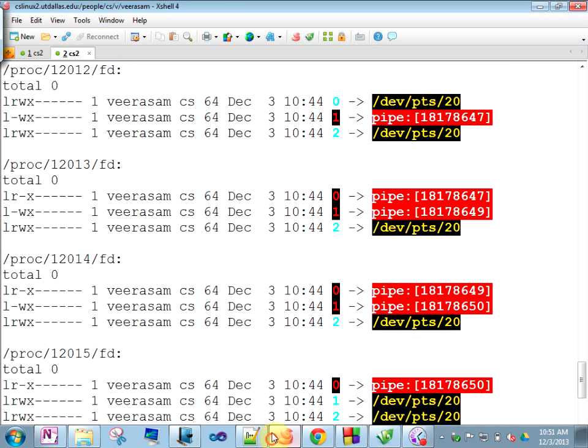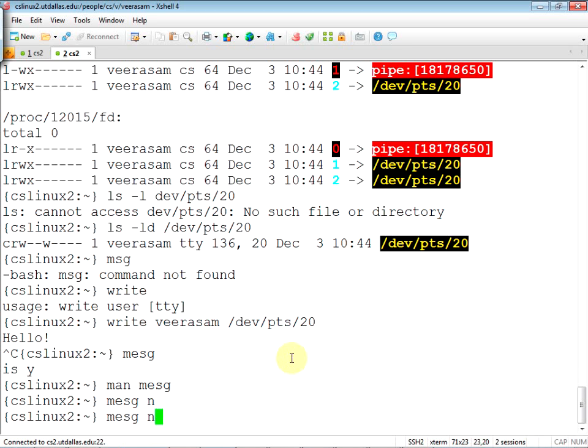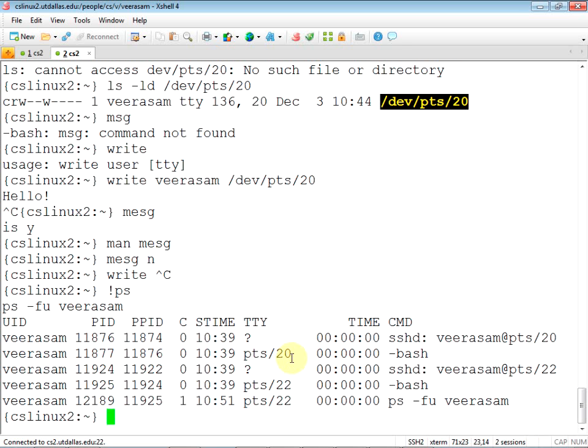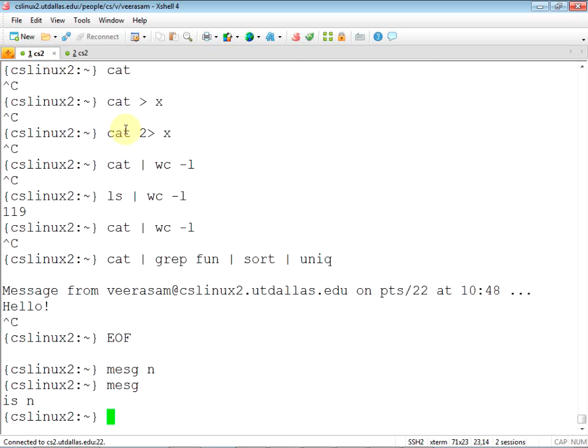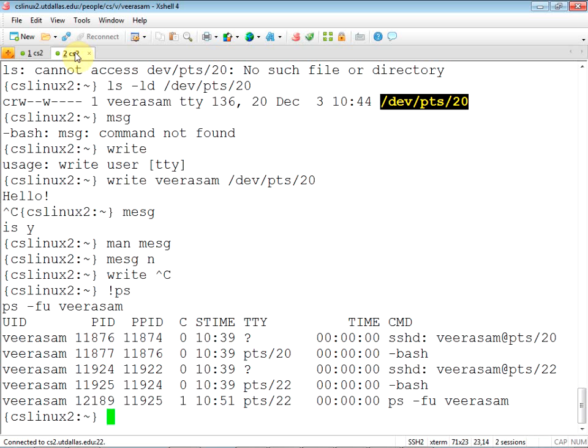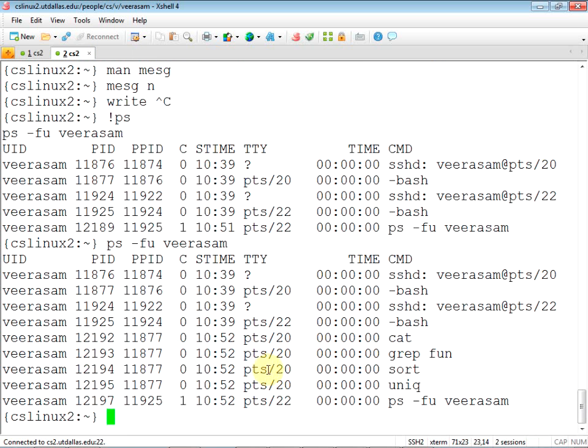Everybody is a child of this shell, right? You have to kind of understand from what's going on. Yes, oh, we already killed it. Okay, so let's understand this configuration first. So cat, everybody is a direct child of 11877.